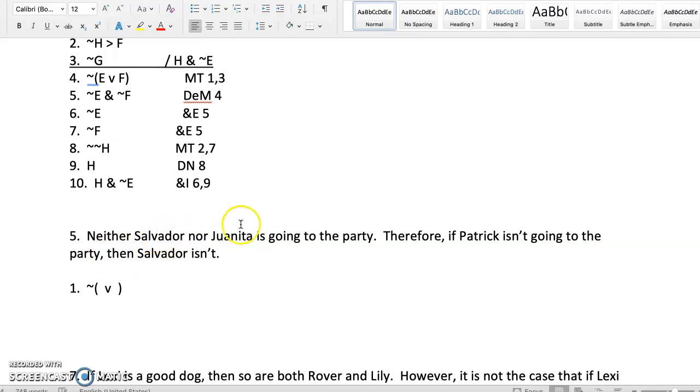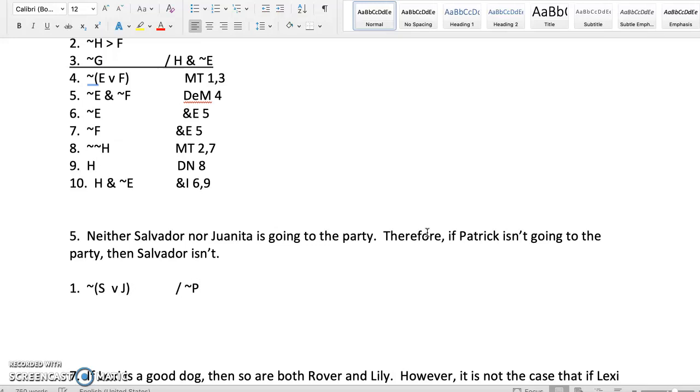So our neither nor, Salvador is going to the party. Let's call that S. And then second part, Juanita is going to the party. Call that J. All right, so neither Salvador nor Juanita is going to the party. And then our next sentence is therefore, so that's our conclusion. If Patrick isn't going to the party, so we'll call P is Patrick is going to the party.